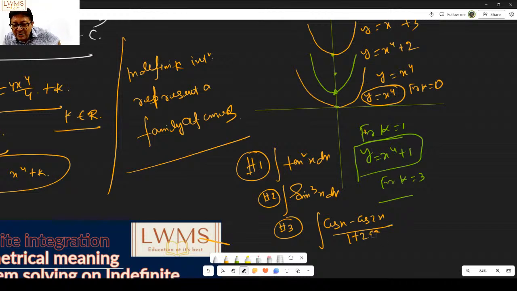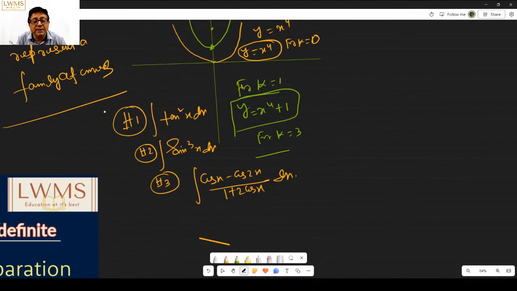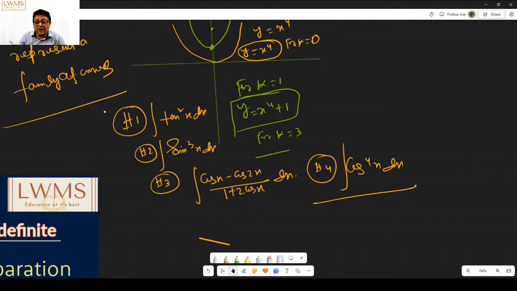Then cos x minus cos 2x by 1 plus 2 cos x. These are all trigonometric. There may be cos to the power 4 x dx. Okay, you can do it step by step by using all the formulas we have learned here.